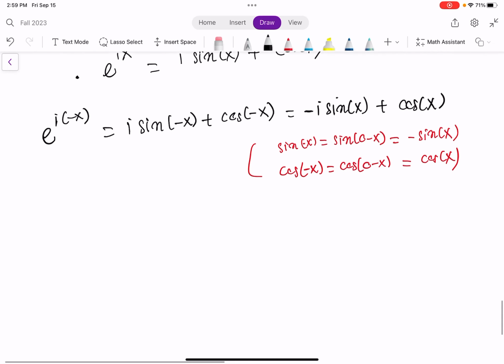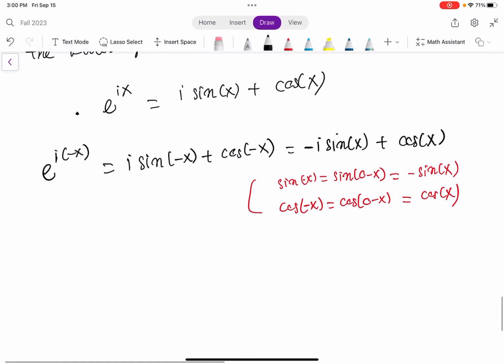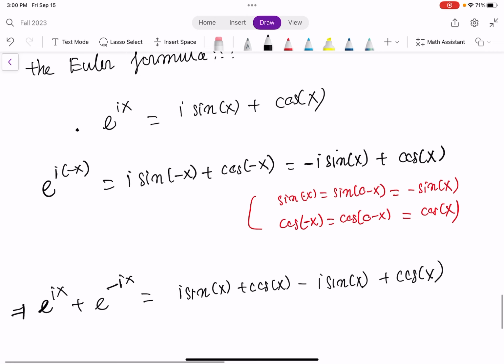Okay, so you get here, what are you going to do? You're going to add them up and divide by 2. So you say e to the power ix plus e to the power negative ix equals what? Equals i sine x plus cosine of x plus negative i sine x plus cosine of x, right?